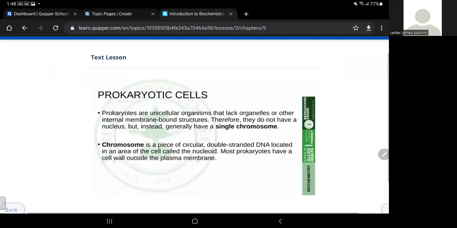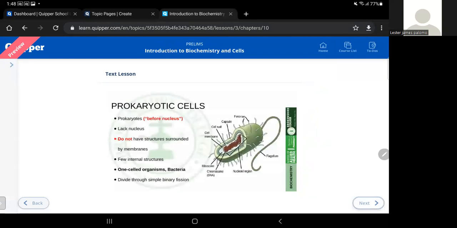Okay, to continue. This is an example of a prokaryotic cell, your bacterial cell. Prokaryote means before nucleus, or it lacks a nucleus, and thus it does not have structures surrounded by membranes. It has few internal structures compared to a eukaryotic cell.